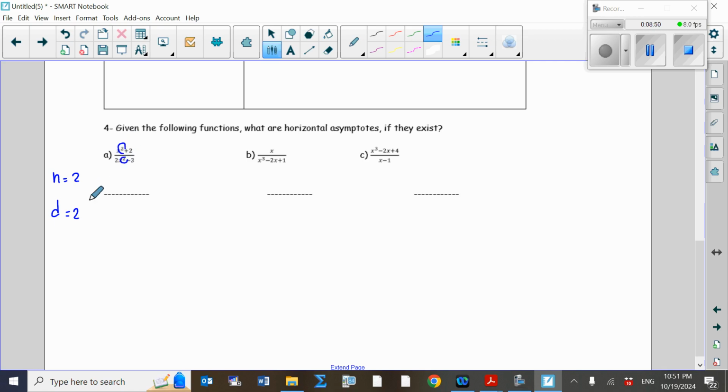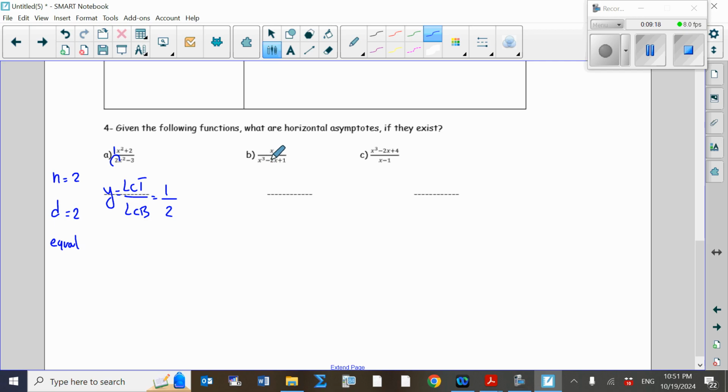They are equal to each other, so the asymptote is the leading coefficient of the top over the leading coefficient of the bottom. For the top, the coefficient of the term with the highest degree is 1. For the bottom, it is 2. So 1 over 2 is the horizontal asymptote.